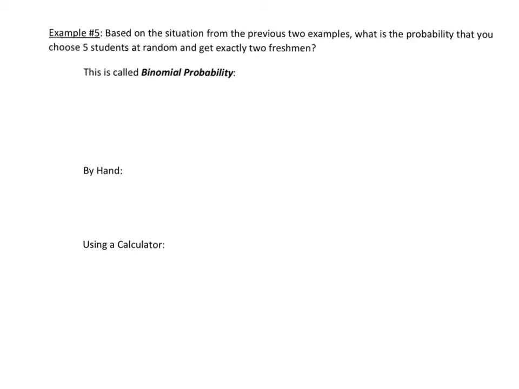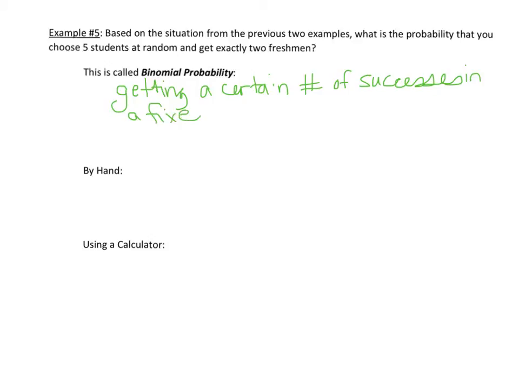Binomial probability is the probability of getting a certain number of successes in a fixed number of trials. And we have a formula for binomial probability.